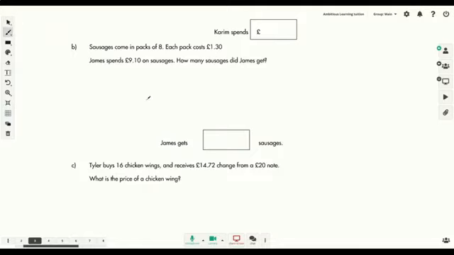If you have questions like this, you just need to divide 9.10 divided by 1.30.